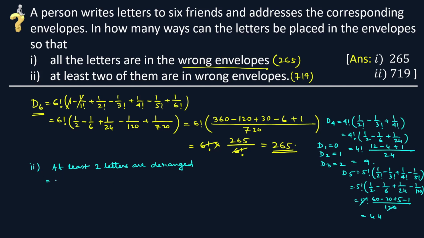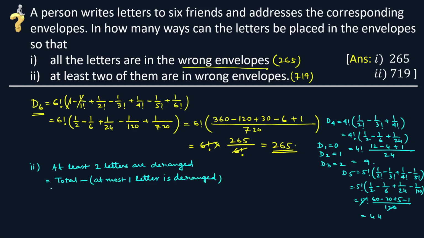The total number of ways of arranging the letters in the 6 envelopes, minus at most one letter is deranged.